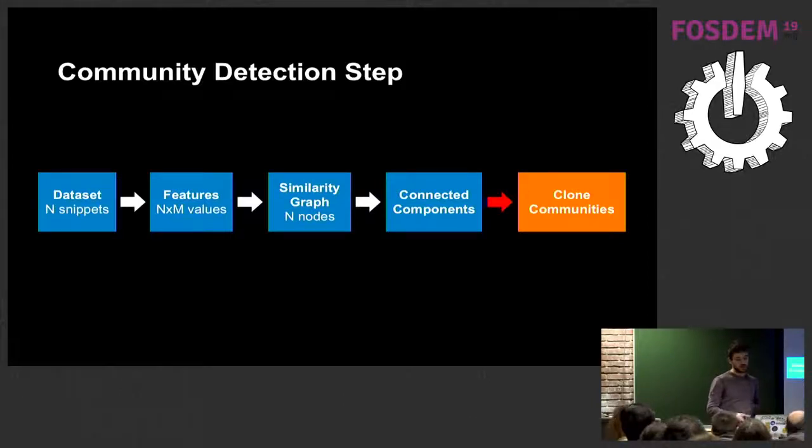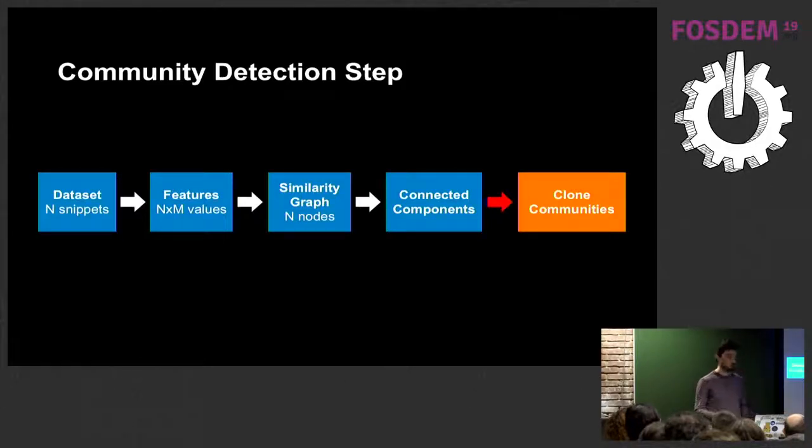You could imagine that all snippets in one connected component would be clones. However, in practice, this isn't true, because if you take 3 snippets, for example, A, B, and C, and imagine that A and B hashed to the same bucket and B and C hashed to the same bucket, let's take a threshold of 0.8, then in the worst case, even though there's a similarity of 0.8 between A and B and between B and C, you'd only have maybe 0.64 similarity between A and C. And if you increase the number of hops, the similarity is going to drop.